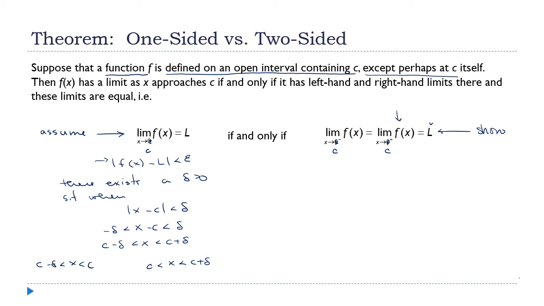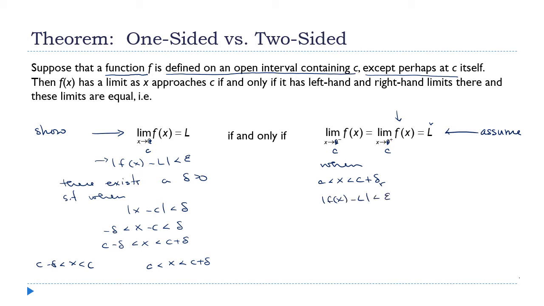That does that side. Now, remember again, because this is an if and only if statement, we have to show both ways. Now, I'm going to assume that this is true and show that this is. Okay, well, you can use a very similar argument. Over here, there exists a delta such that when c is less than x is less than c plus, let's call it delta R, because that's the right-hand limit, then the absolute value of f of x minus L is less than epsilon.